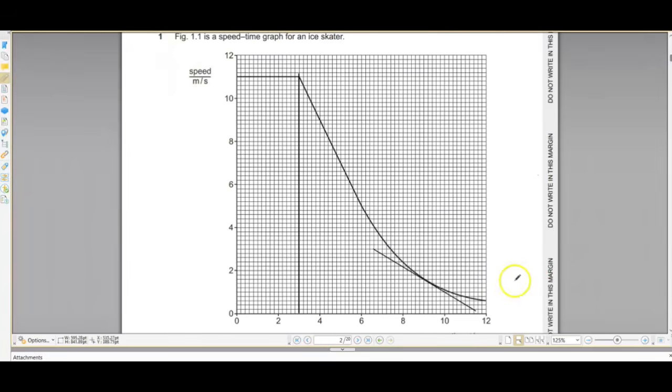For a speed time graph, the area under the curve gives you the distance. I drew this line before, so you can see that it's a rectangle. This would be 11 and this would be 3. So the width of the rectangle is 3 and the length is 11.